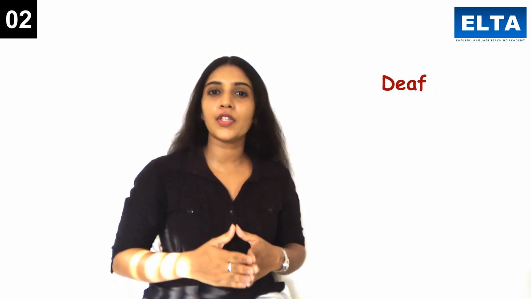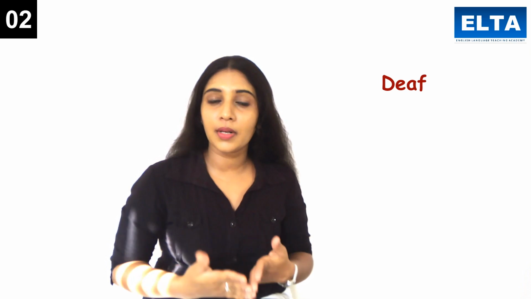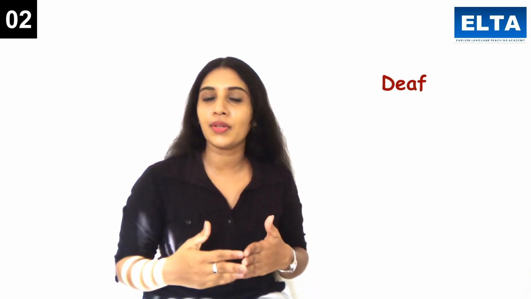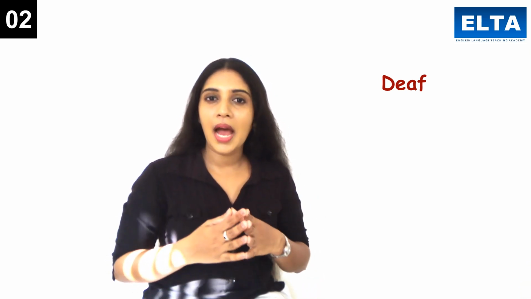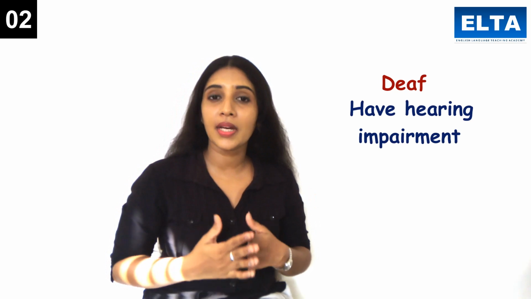Number 2, deaf. Well, this refers to a person who cannot hear. If you feel that it's not very nice to use the word deaf to refer a person who cannot hear, you can use the alternative term, having a hearing impairment. Well, for example, you can say, he has a hearing impairment. Number 3, insane.